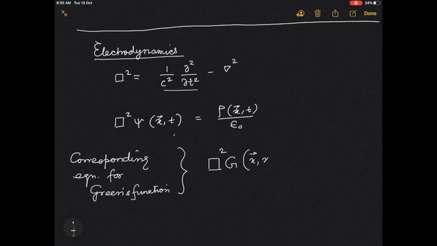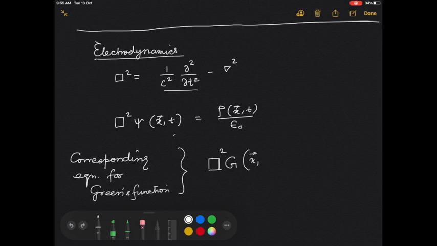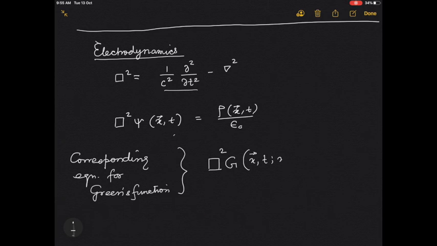All that I have to do is change this to the Green's function. Now this will depend on x t, x prime t prime, and in the right hand side I will have 4 pi delta of x minus x prime, delta of t minus t prime.